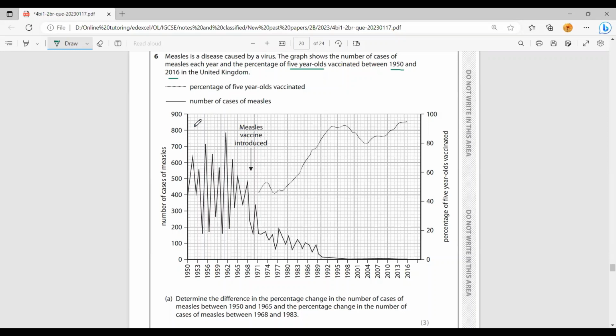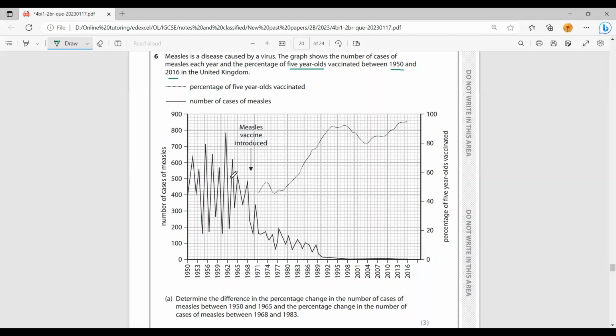And here is my key. The continuous line is the number of cases of measles, with very big fluctuations at the beginning, and here is the percentage of 5-year-olds vaccinated.